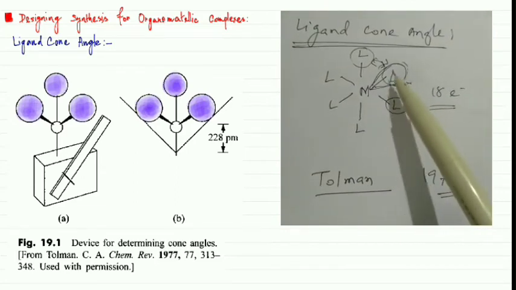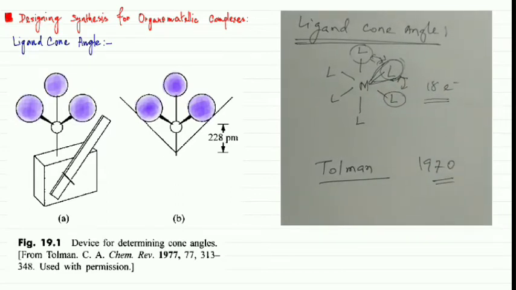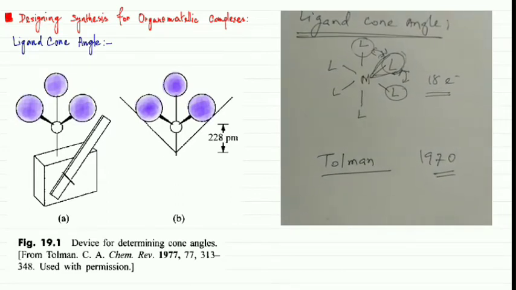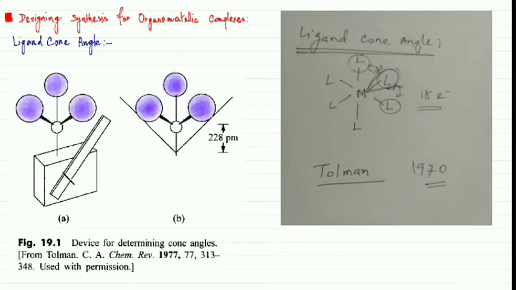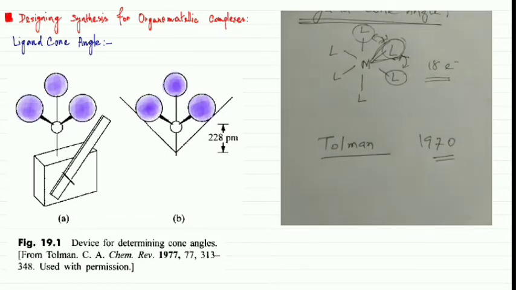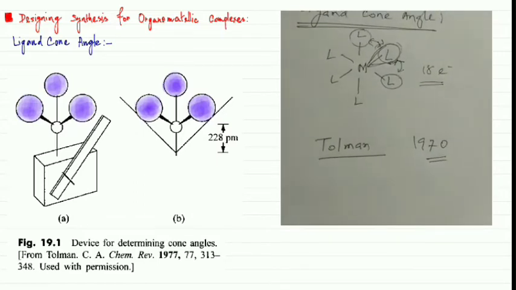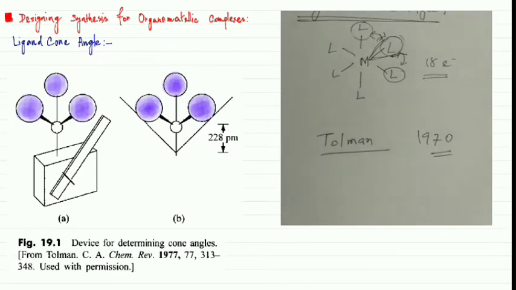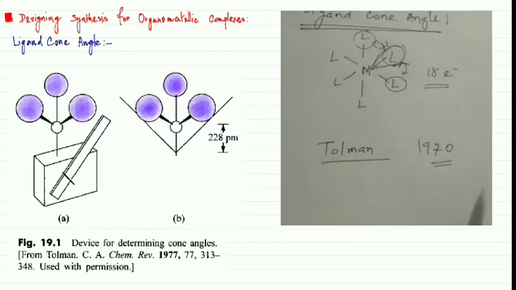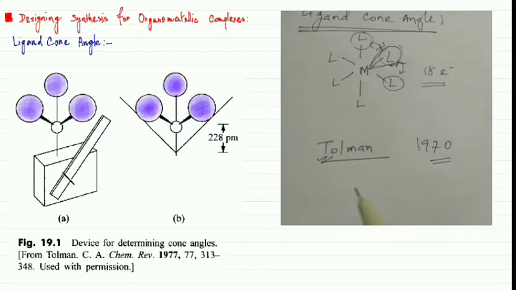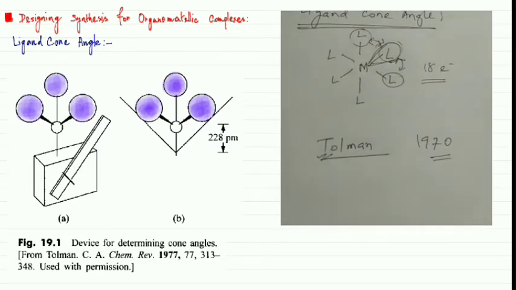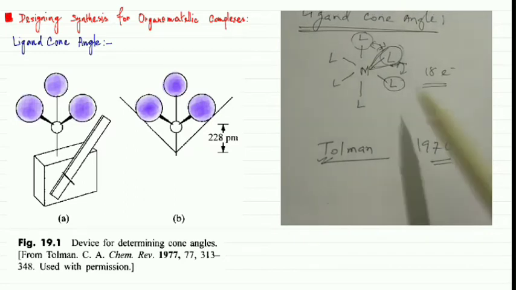We can calculate that cone angle by using a very simple instrument. Actually it is not a very simple instrument, it can even be made from a piece of wood. So he gave a new idea, by which we can calculate the cone angle.